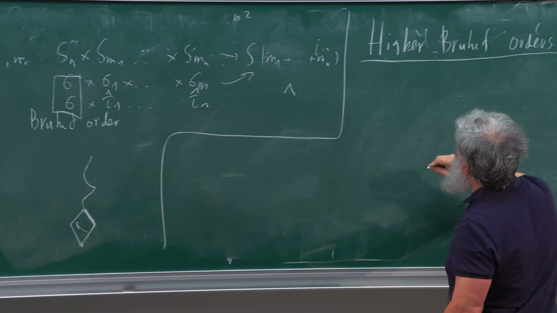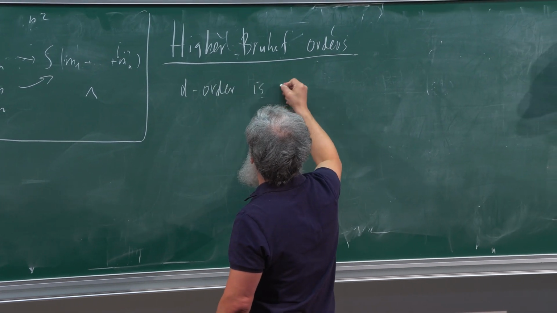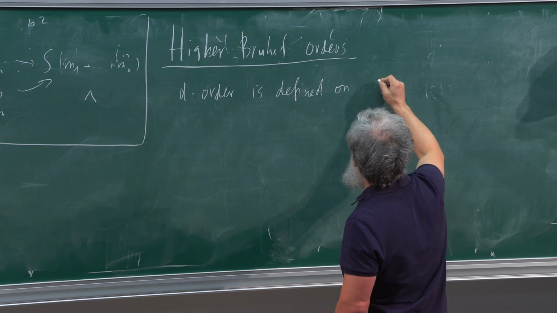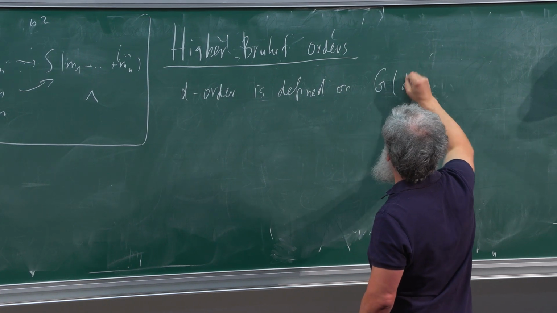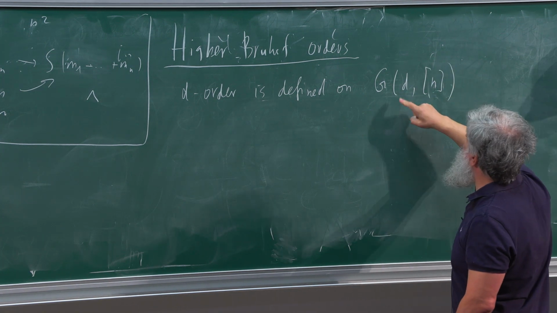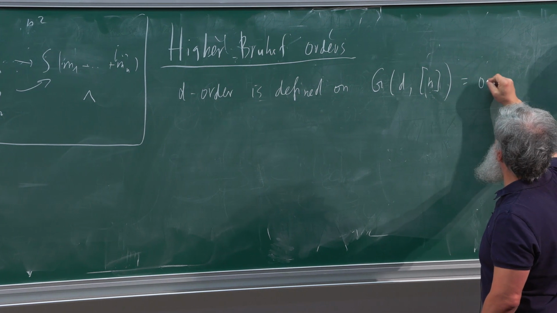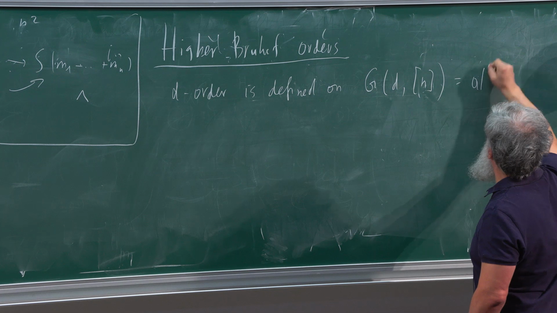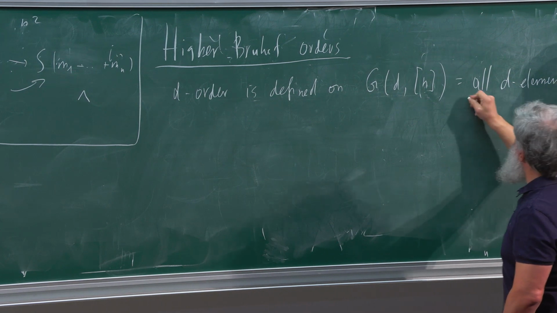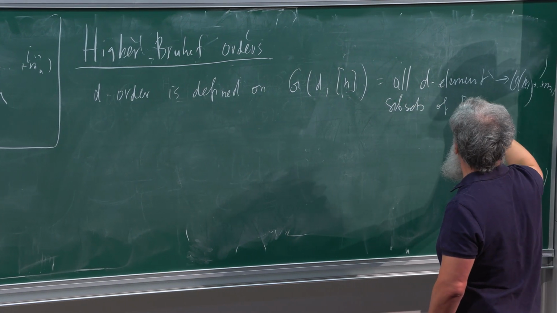So the higher Bruhat orders. The d-th order is defined on the discrete Grassmannian. So Grassmannian d of n. We take a set of n elements, and this is the set of all d-element subsets of n.